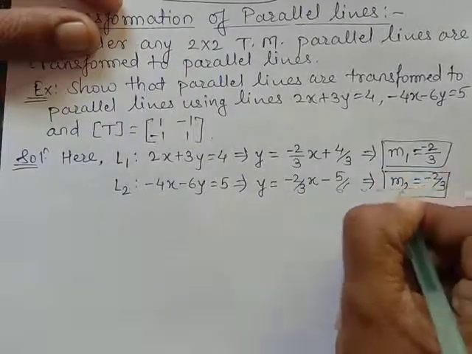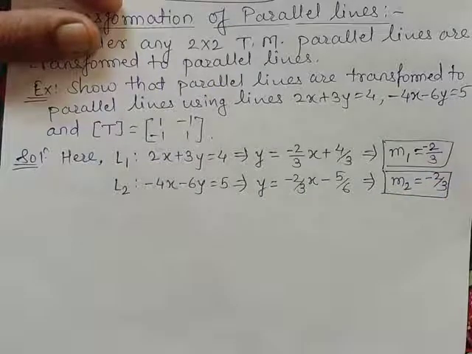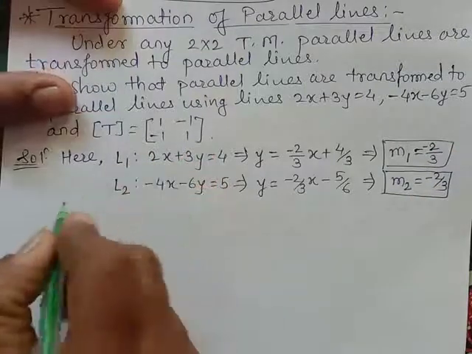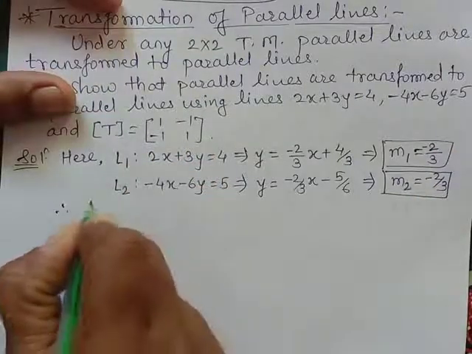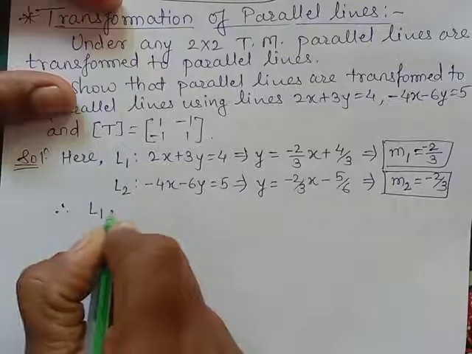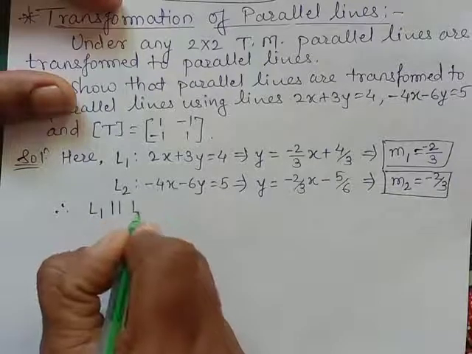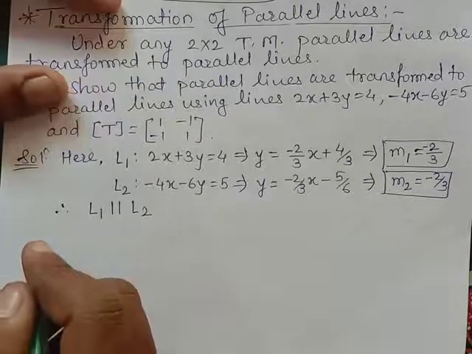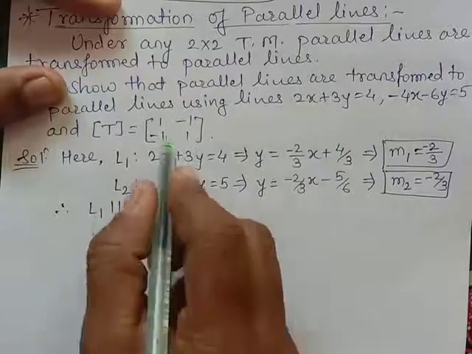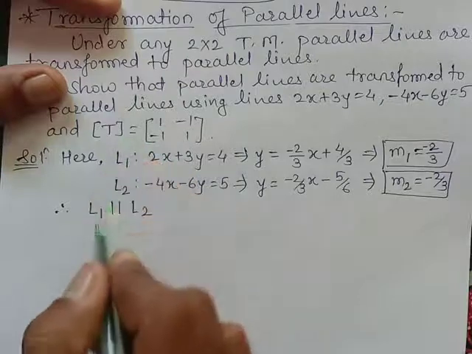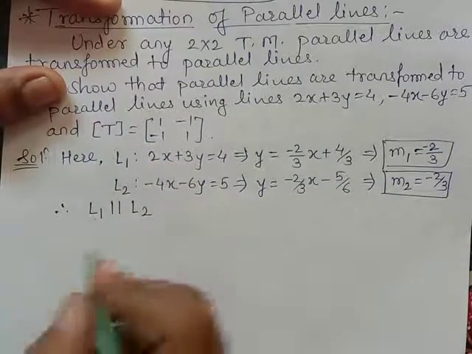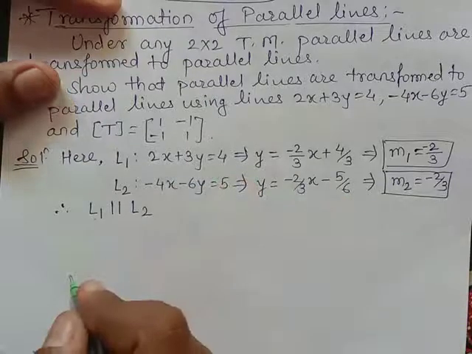Now you know the property that if the slopes are equal, then the lines are parallel to each other. So therefore what can we say? L1 is parallel to L2, right? This is with us. Now we have to check under this transformation matrix, L1 will transform to a new line L1 star and L2 will transform to a new line L2 star.